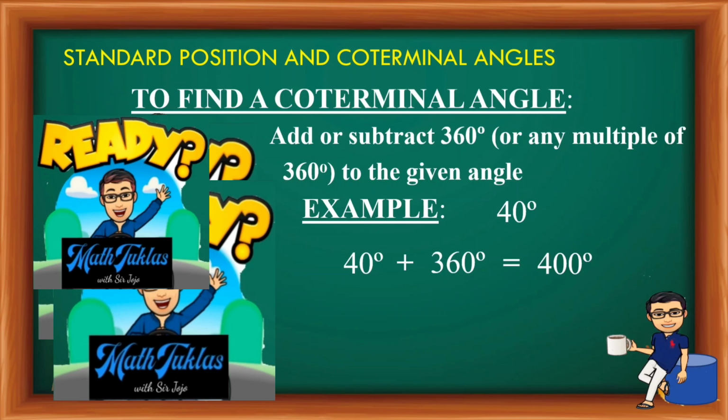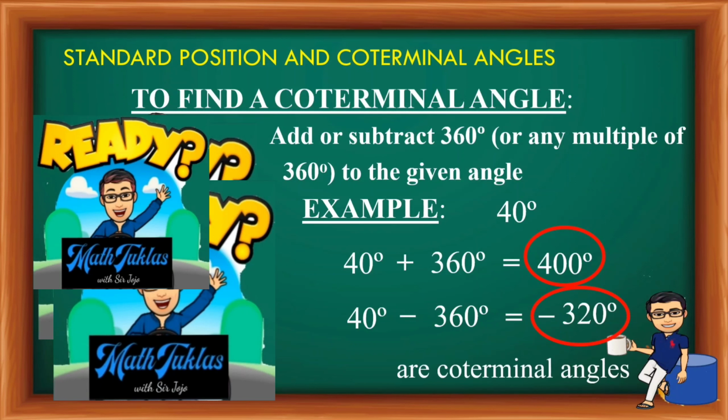Another one, consider this. 40 degrees, this time around, minus naman tayo. Minus 360 degrees, that is equal to negative 320 degrees. Hence, 400 degrees and negative 320 degrees are both coterminal angles to theta.